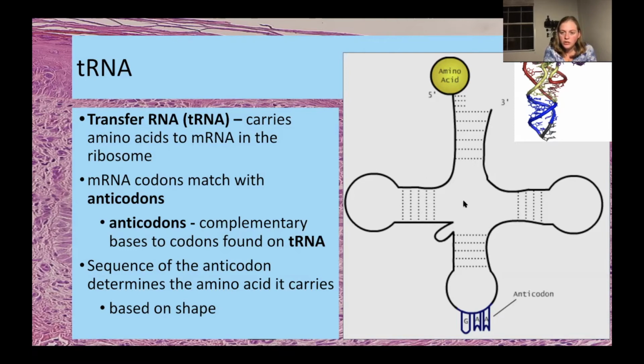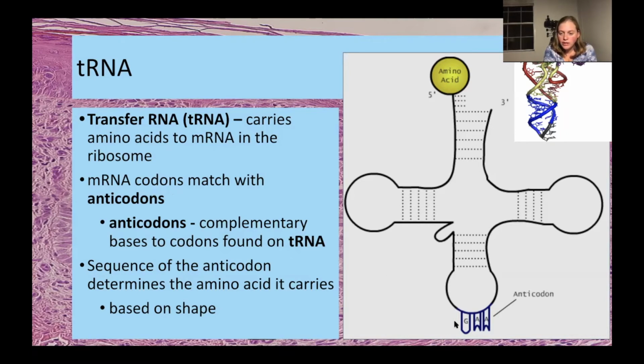Now a tRNA looks like this, kind of like a T or a clover leaf. This is their 3-dimensional shape. And this tRNA has these 3 bases here that we call anticodons. Anti has a T in it, T for tRNA. These anticodons are going to match to the mRNA codon.